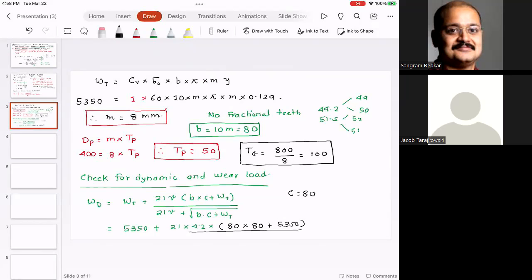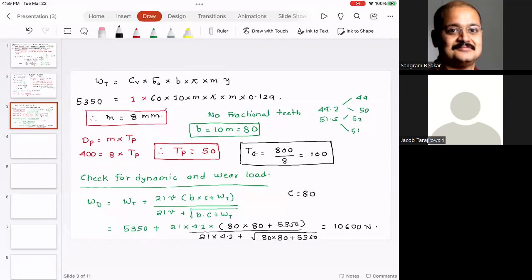No worries. Experience is the sum total of all the mistakes. Better make mistakes in class than in industry. Plus square root of 80 times 80 plus 5350. That gives me 10,600 Newton.